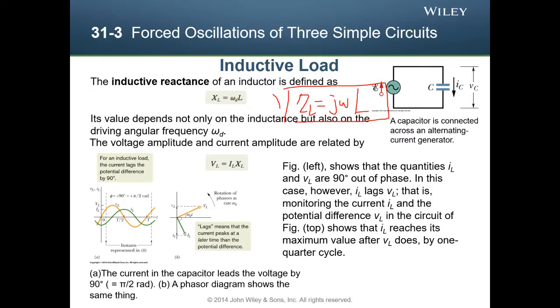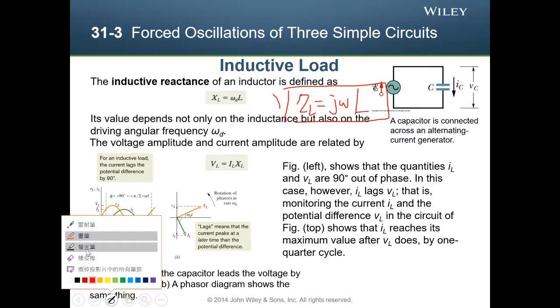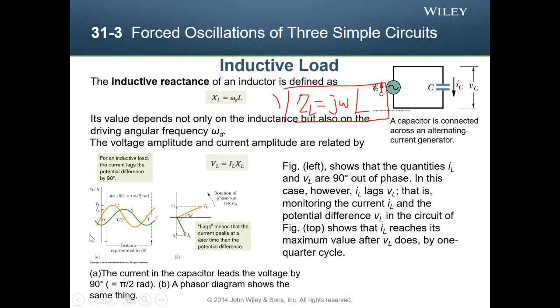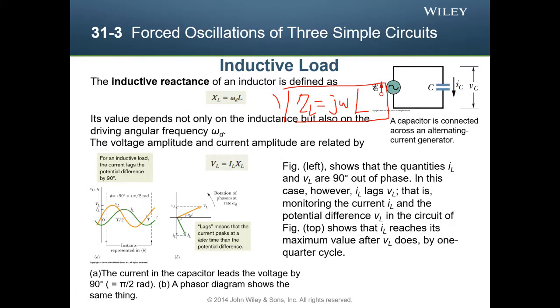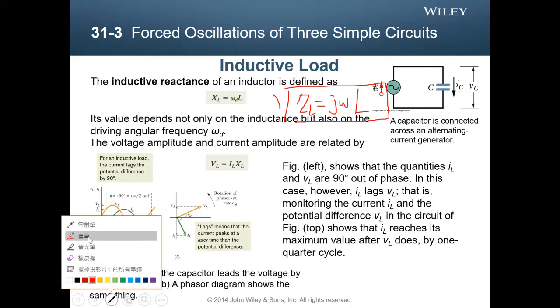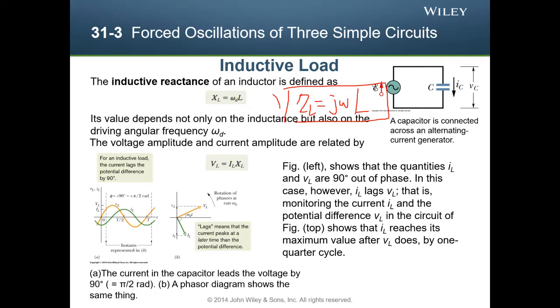It is because of the Fourier transform. For this one, there is nothing special for L, because you have VL equals L di_L/dt.